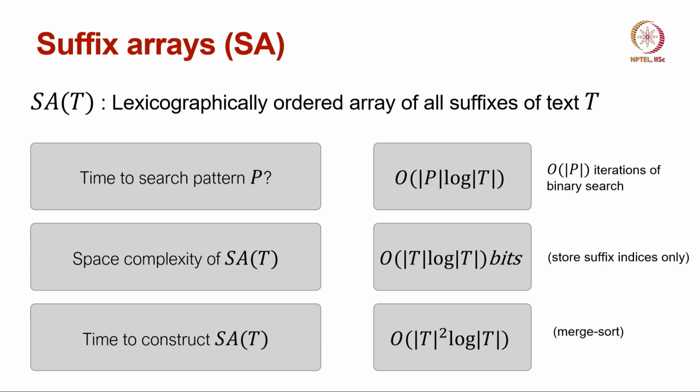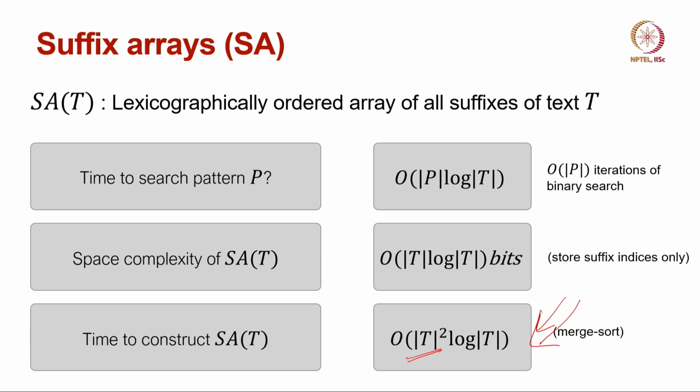Just to summarize the properties of suffix arrays we have studied so far: searching a pattern P can happen in order P log T time, space we need T log T bits, and if we apply a standard sorting algorithm, we need order T square log T time. We want to see whether we can improve this construction time, because this quadratic time is too much.